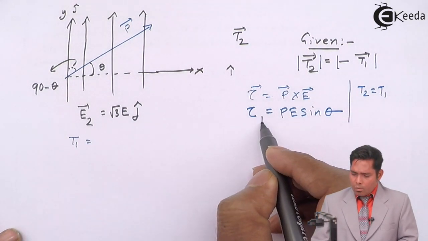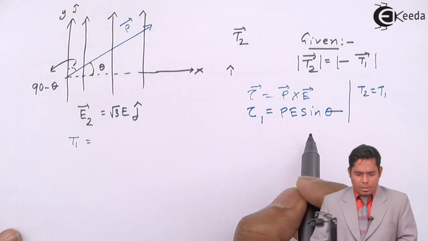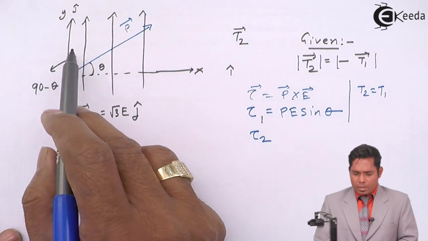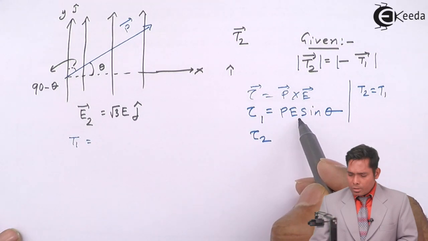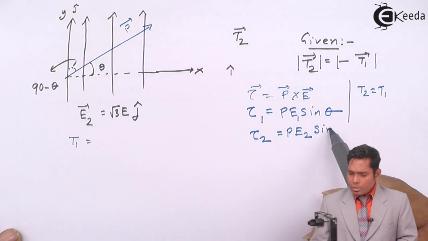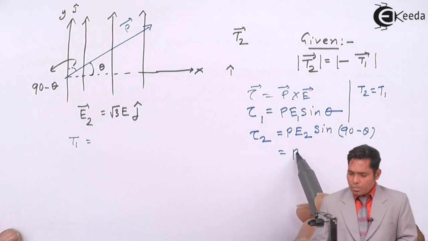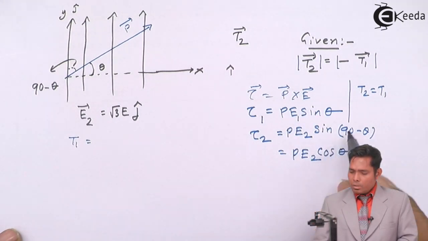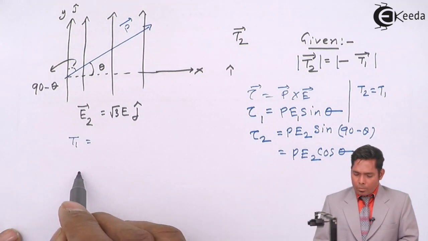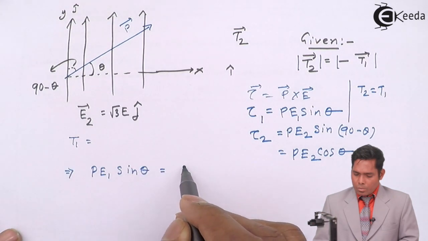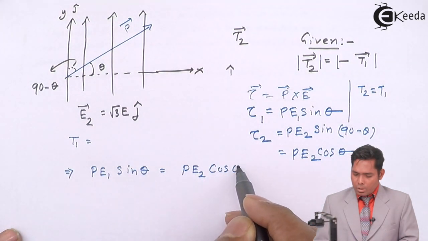The first term, tau 1, is PE1 sine theta, because the angle was theta. In the second case, because the angle is 90 minus theta, I write PE2 sine of 90 minus theta, which comes out to be PE2 cos theta. These are the two equations, and both are the same, so equate them. That implies PE1 sine theta equals PE2 cos theta.